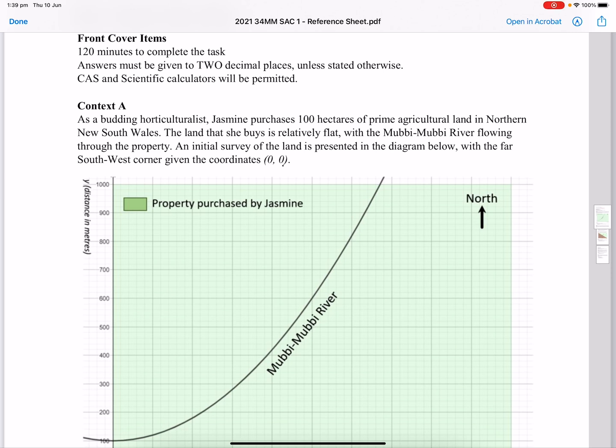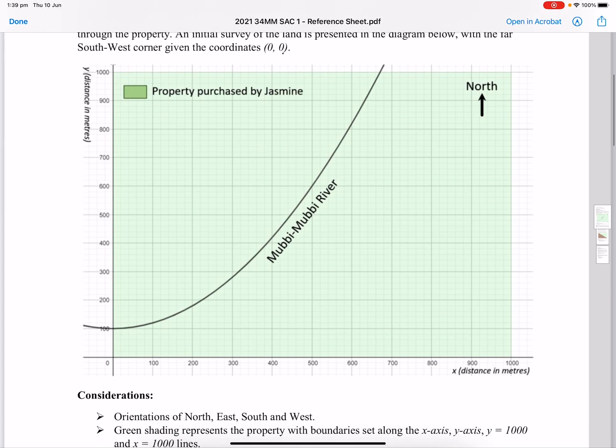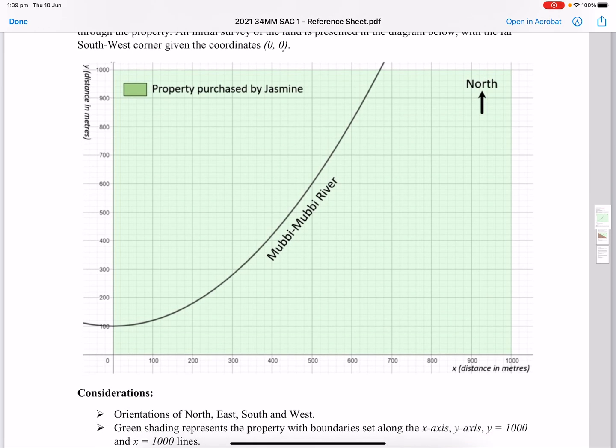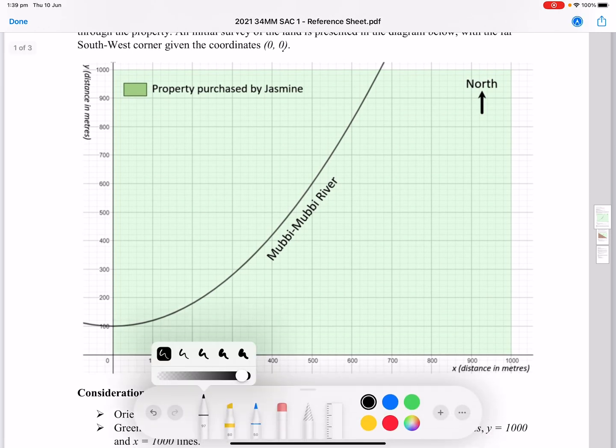An initial survey of the land is presented in the diagram below, with the far southwest corner given the coordinates 0, 0. If I bring up the graph of this land, what we're saying here is that this corner, 0, 0, is what we are terming the far southwest corner of the property.